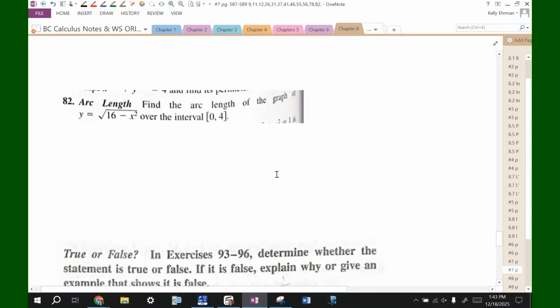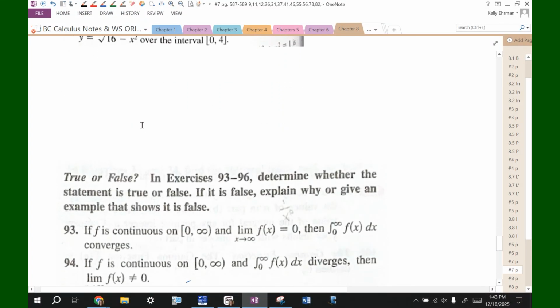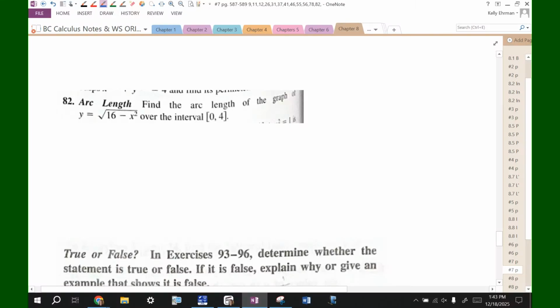Arc length. Find the arc length of the graph of this. Why would I do any calculus? This is just a half circle. And actually it's a quarter circle, 0 to 4. This is just 1/4 of the circumference.